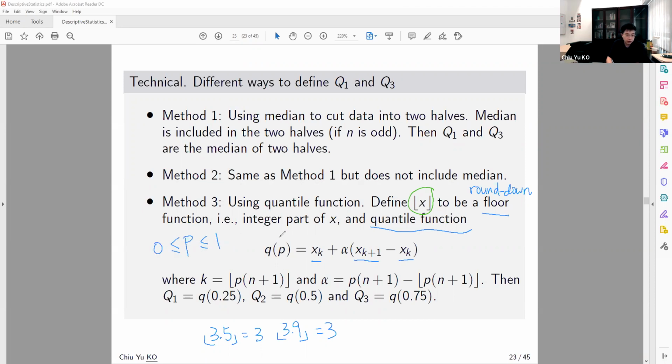Q of 0 will give you the smallest data, and Q of 1 will give you the largest data. When p equals half, Q2 is the median. So Q1 will be one quarter, Q3 will be the third quarter. Basically, you just normalize the data from 0 to 1.